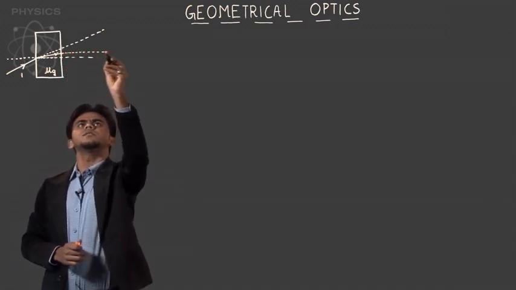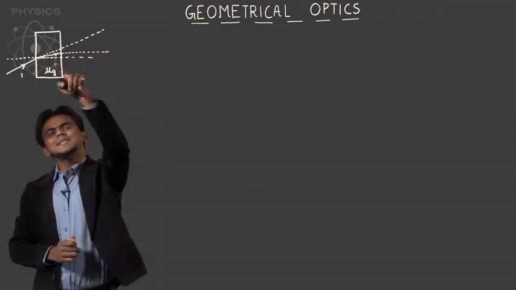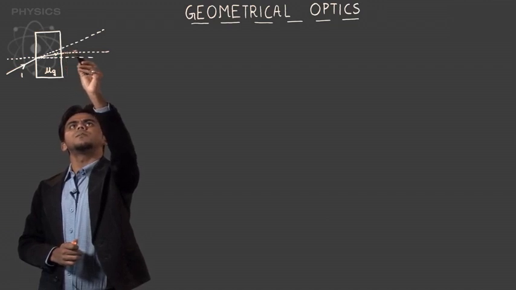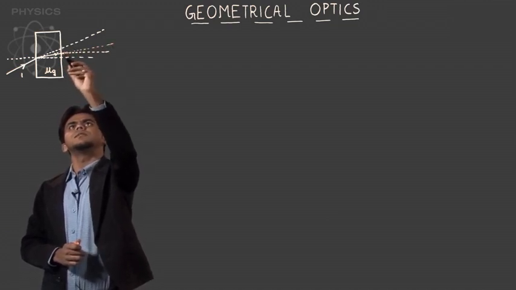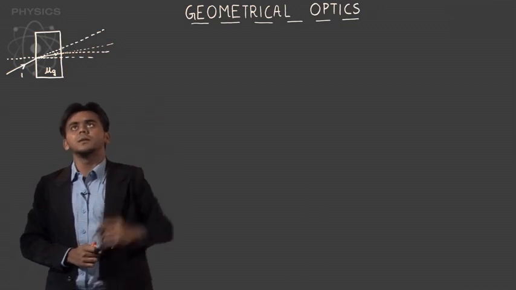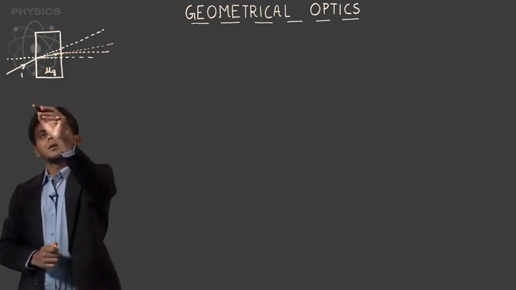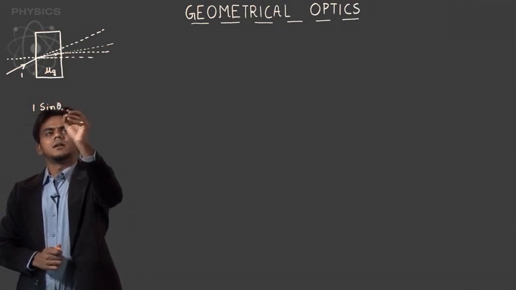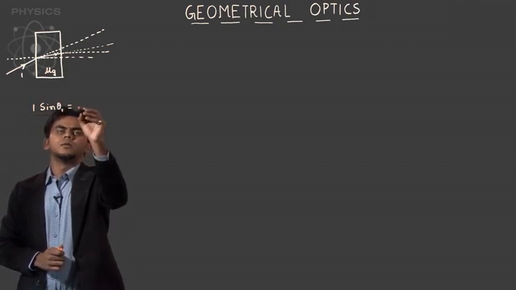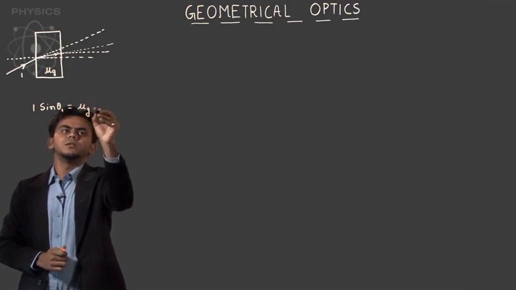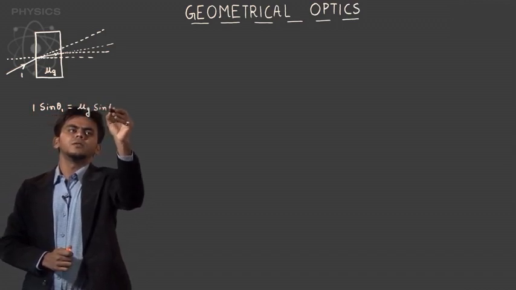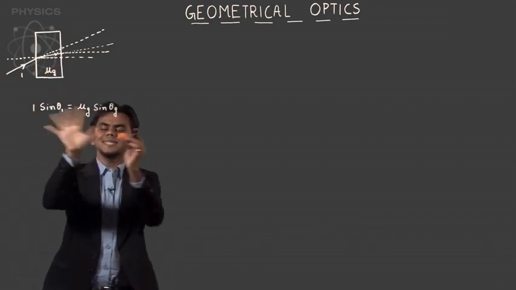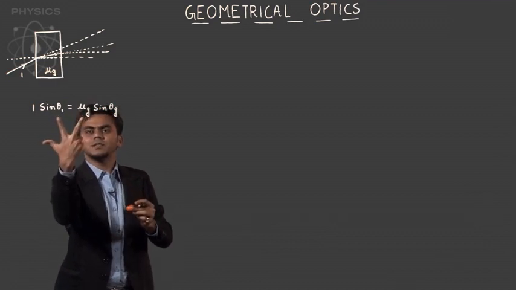Why? For this new normal, this is the denser medium, this is the rarer medium. So rather than proceeding in this particular path, it would shift away from the normal. And still, remember, 1 into sine theta 1 is equal to mu g into sine of theta g. Now the moment you're starting from here, this just shifts the other way around.